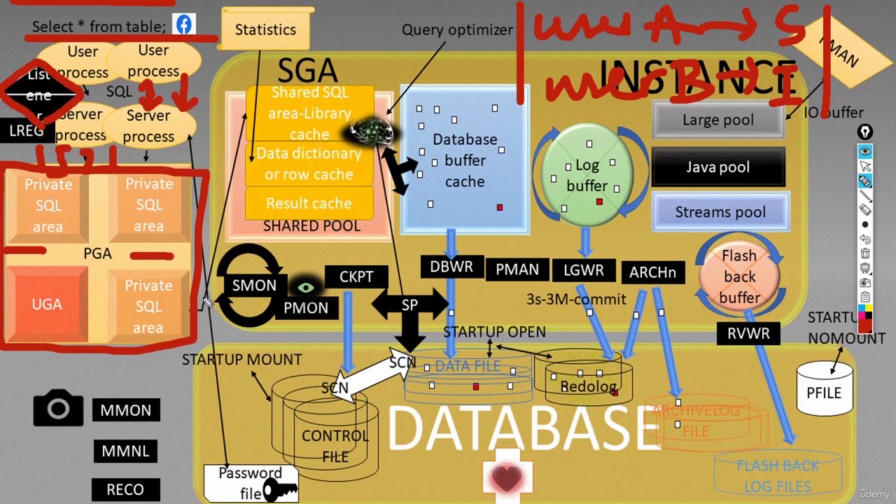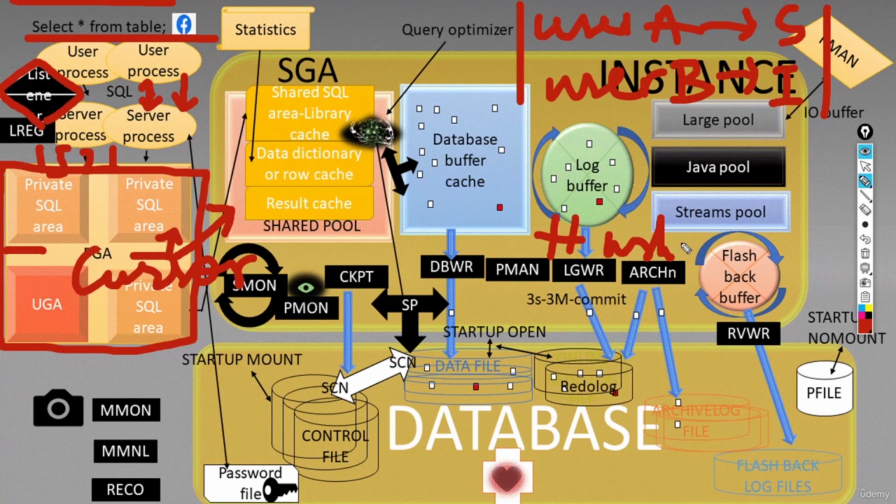In this private SQL area a cursor will be allocated. This cursor acts as a pointer to the private SQL area and it also represents the individual session to enter the shared SQL area, where all the shared SQL related information will be stored. So what are those?